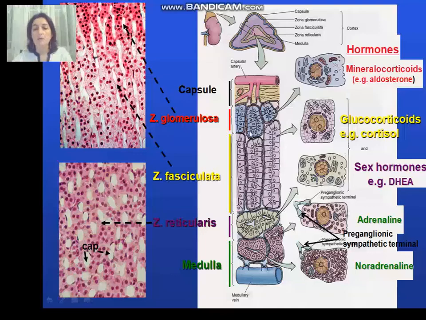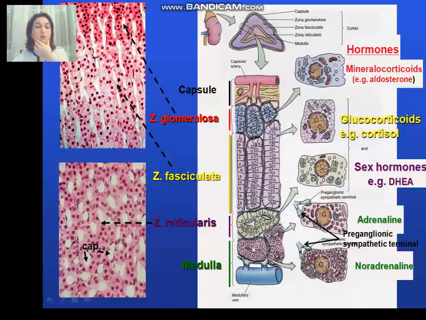Then after it, we are coming to the medulla. The medulla includes two main kinds of cells. These are epinephrine producing cells and norepinephrine producing cells, or adrenaline producing cells and noradrenaline producing cells.